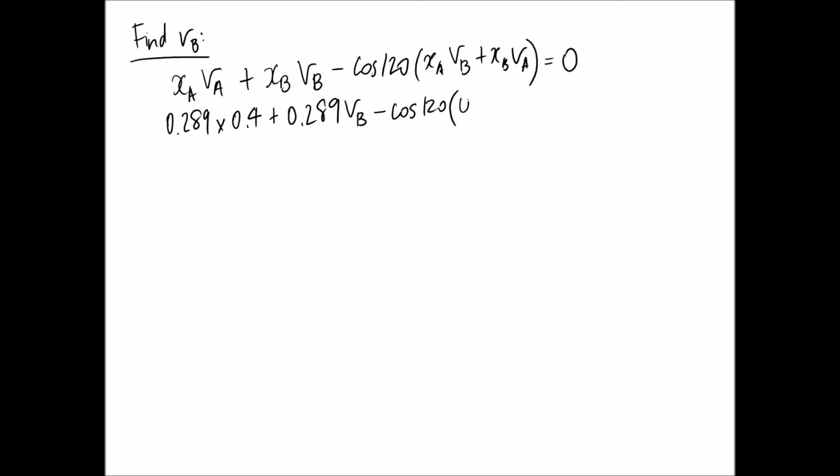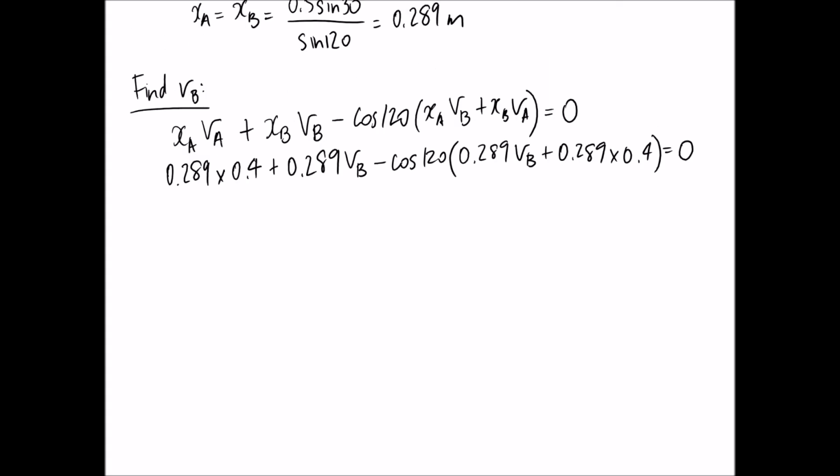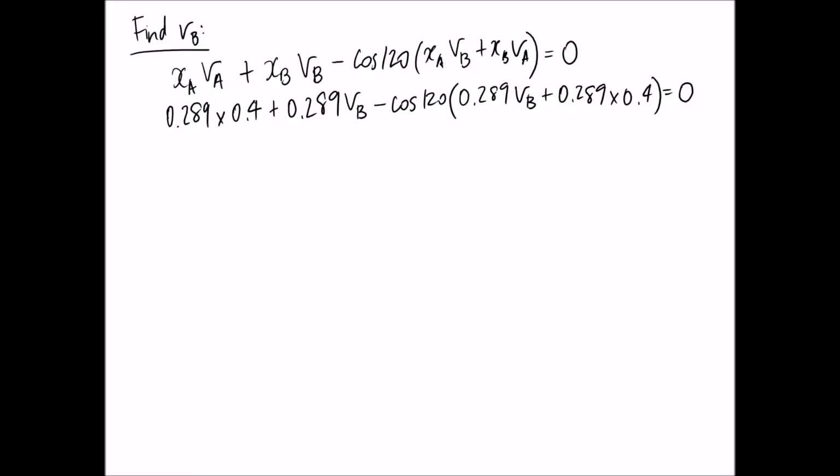XA we've worked out again, 0.289. VB is the unknown. So VB, the only unknown in the equation, works out to be negative 0.4 meters per second.